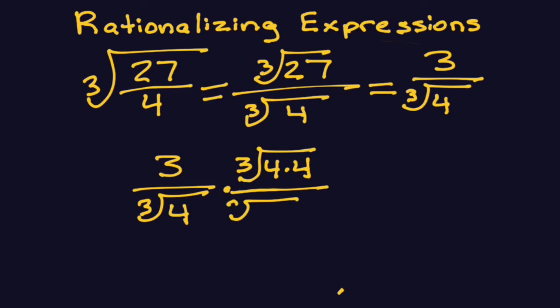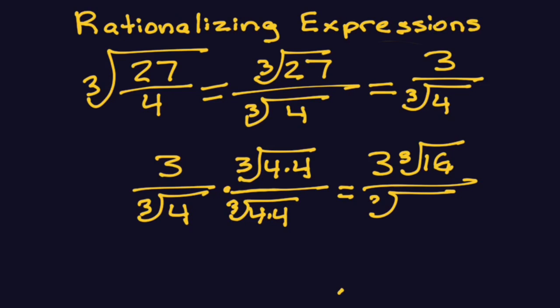That would get us 3 times the cube root of 16 over the cube root of 4 times 4 times 4. And that's just 4, right? So you have 3 times the cube root of 16 over 4.